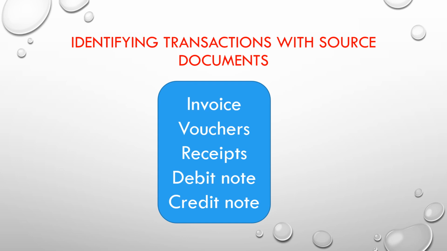If you do not have a supportive source document as proof evidence about the transaction, then you are not authorized to enter those transactions in the accounting process. So accordingly, we need to first identify transactions and events with these source documents. Transactions that are identified with the source documents are then recorded in the place called daybooks.